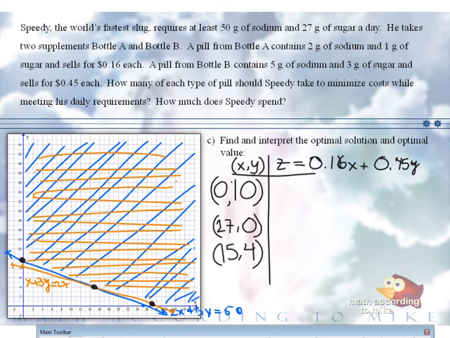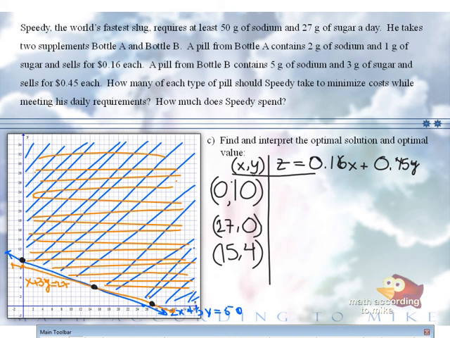But since money is an object, we have to take into consideration the cost of those pills. So the whole point of linear programming is to figure out an optimal solution that satisfies those restrictions, but at the same time, in this case, minimizes cost. If cost, again, wasn't an object, or resources weren't objects, where you have as much as you want, then we wouldn't be doing these types of problems.